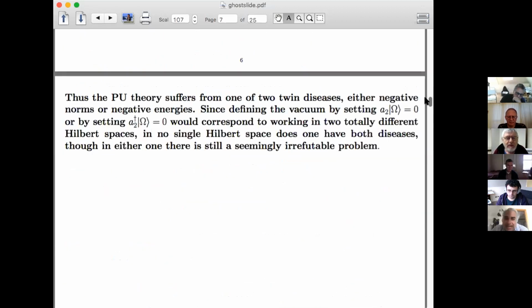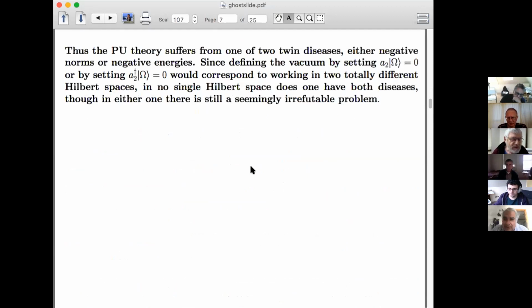Can I interrupt at this stage, or is it allowed? Absolutely, yes. It's the only way I know that anyone's there. How bad news is it that you found unbounded from below spectra? Could it not be possible that quantum corrections will bind them? Or is this purely non-perturbative? I mean, do we know that the spectrum is truly unbounded from below, or could quantum corrections save that?